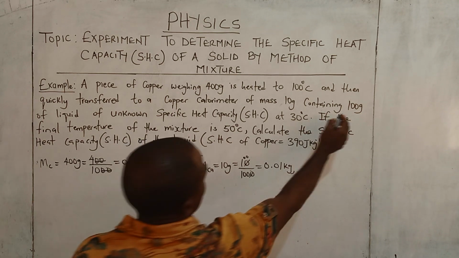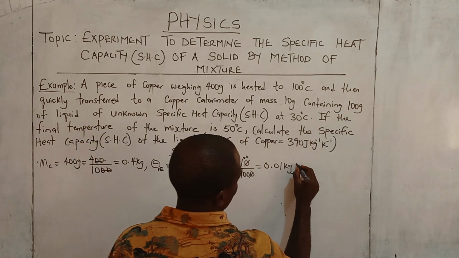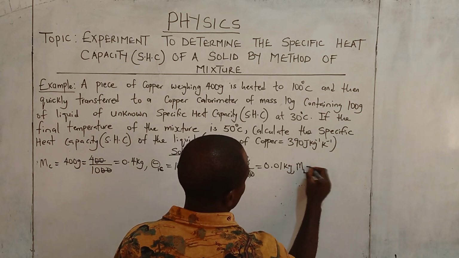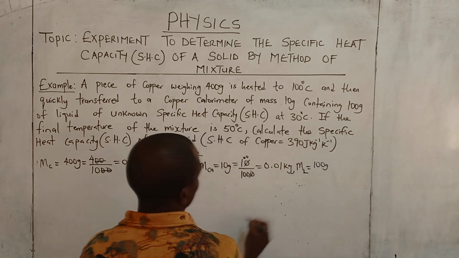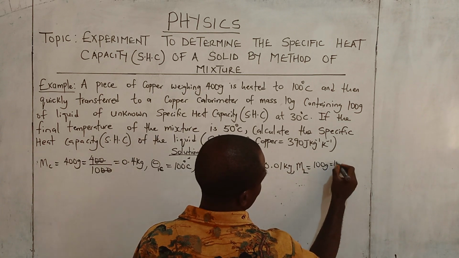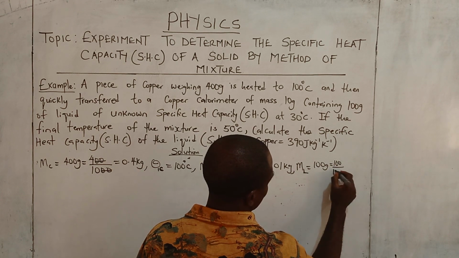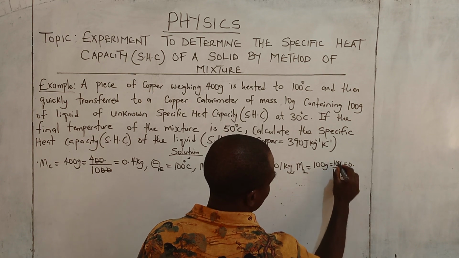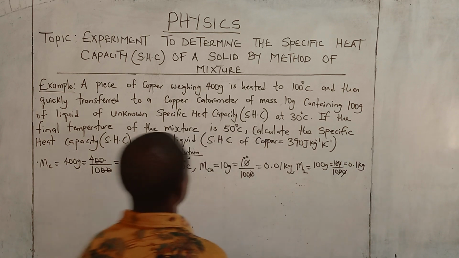Now, containing 100 grams of liquid as mass of the liquid, because 100 grams divided by 1000 equals 0.1 kilogram.